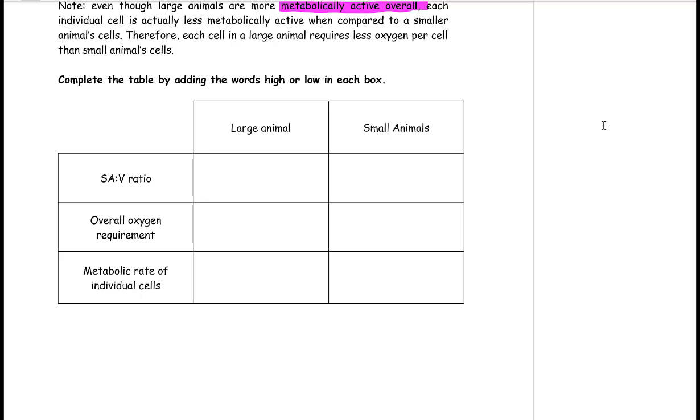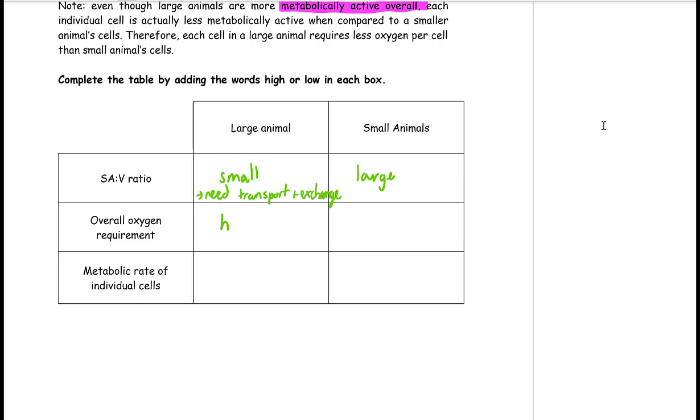Now this may have got a bit confusing by this point, so this little summary should help you out. A large animal has a quite small surface area to volume ratio, whereas small animals have a large surface area to volume ratio. Because a large animal has a small surface area to volume ratio, it needs transport and exchange systems.